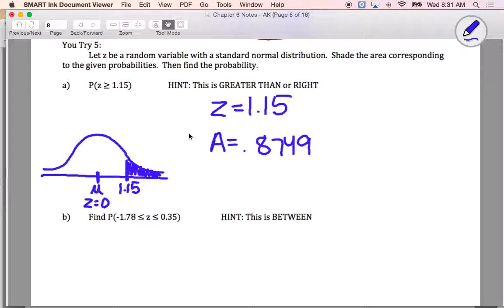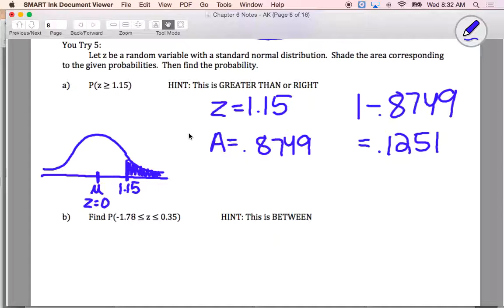Now, if we want to find to the right, we have to get rid of to the left. Because if you go back to your chart, the picture shows you at the top left corner that it means everything to the left of that z value. If you want right of it, it has to do 1 minus. So when I subtract those two, then I have 0.1251.